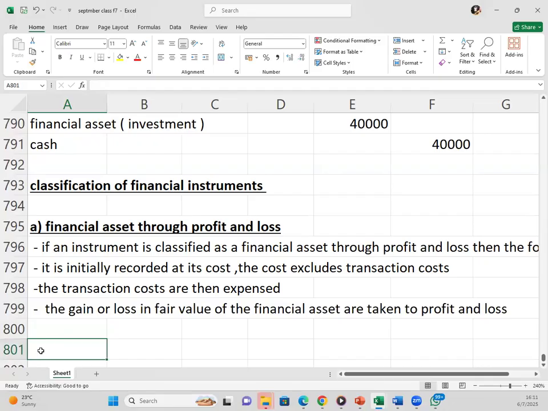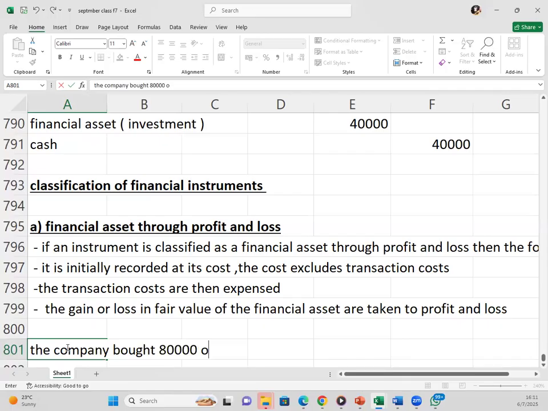We can be told that the company bought 80,000 ordinary shares of ABC Limited.